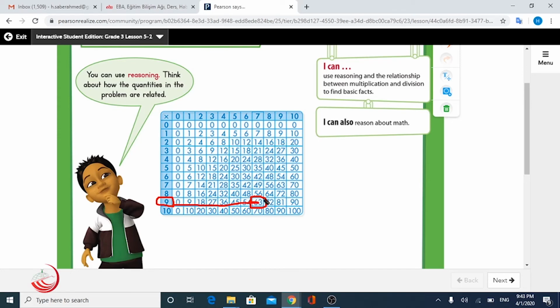Then I will go up with these arrows in the same column. I will not leave the column ever. Then I found 7 in the first row of this table. This is the answer. This is the missing factor. So 9 times 7 equals 63, or 63 divided by 9 equals 7.